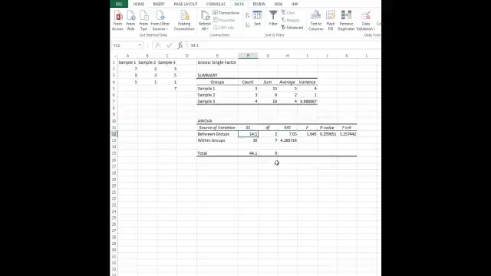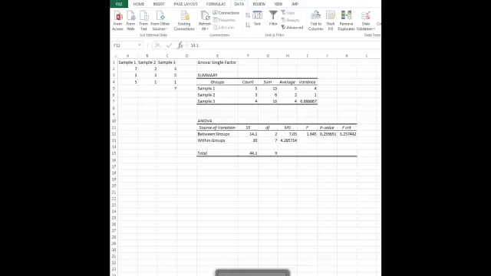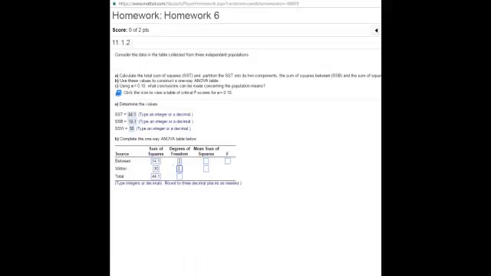So we have our 14.1, that was 30, total was 44.1, degrees of freedom, we had 2, go back here real quick for my degrees of freedom, 7 and 9.